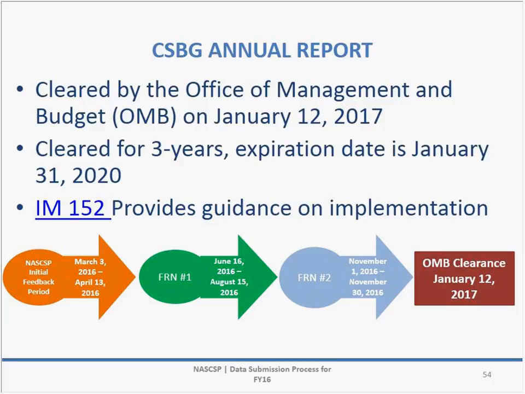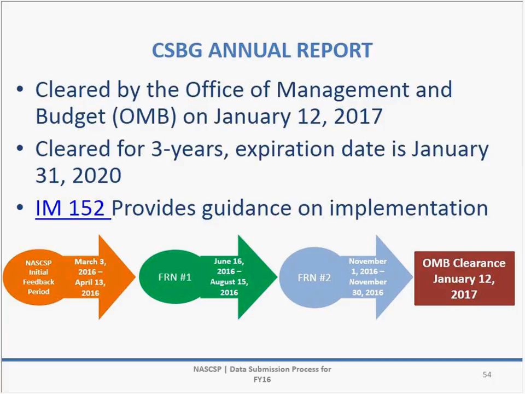Hopefully everyone has heard by now that the CSBG annual report was cleared by the Office of Management and Budget. We heard that clearance on January 12, 2017. So this OMB clearance means that the annual report is cleared for a period of 3 years.